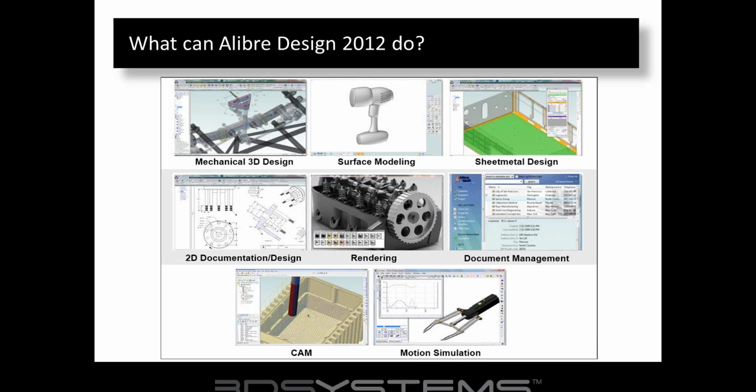And it allows you to easily manage and modify those documents. We also have a CAM module called Alibre CAM that generates G-code based off of toolpaths that you designate inside the software. And we also offer motion simulation as well.